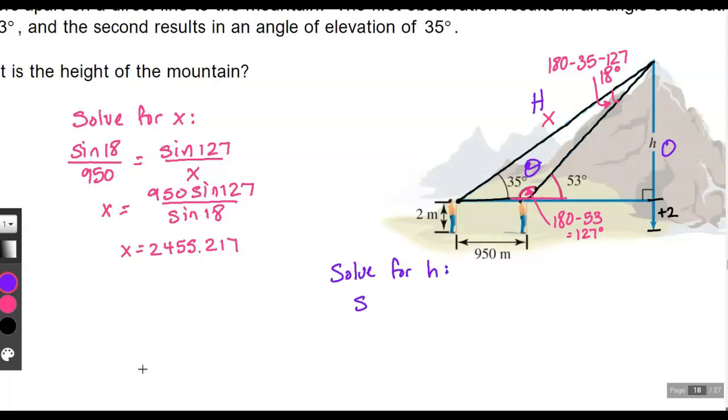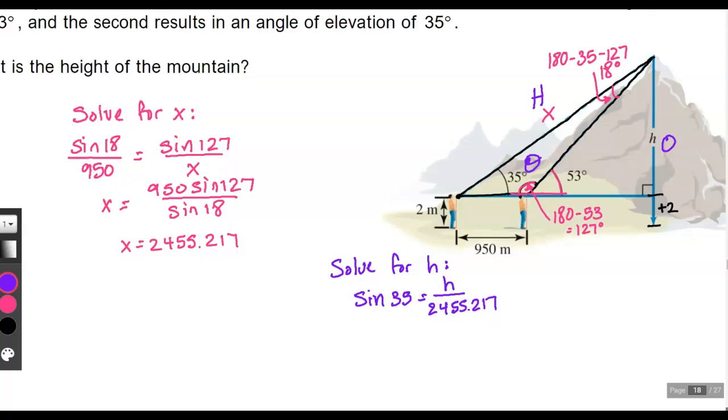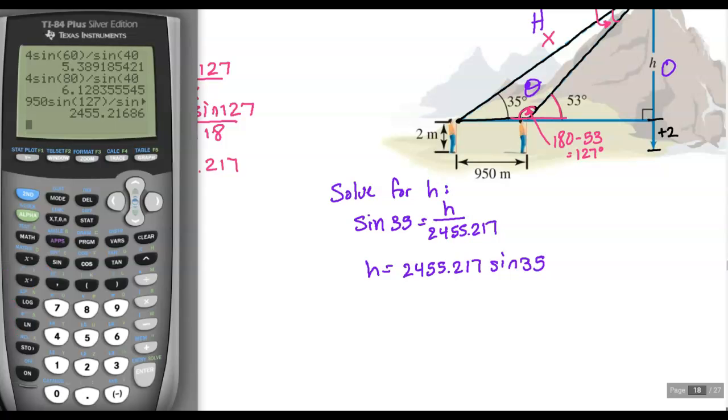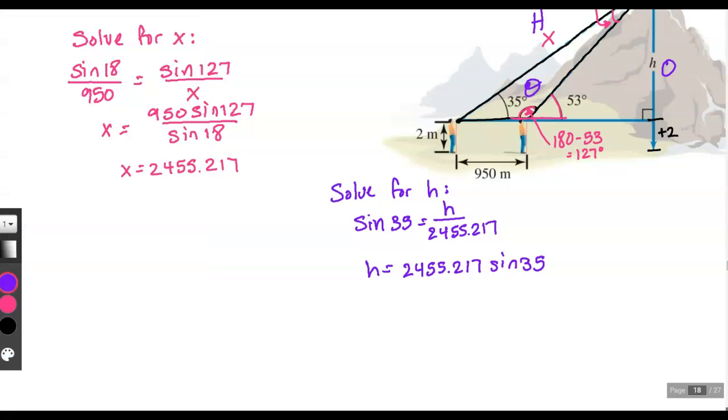By using O and H means we're using sine of our angle is equal to the opposite side, which is h, over our hypotenuse, which is that 2455.217 number. To get h by itself, we're multiplying both sides by the 2455 number times sine of 35. And we get 1408.255.